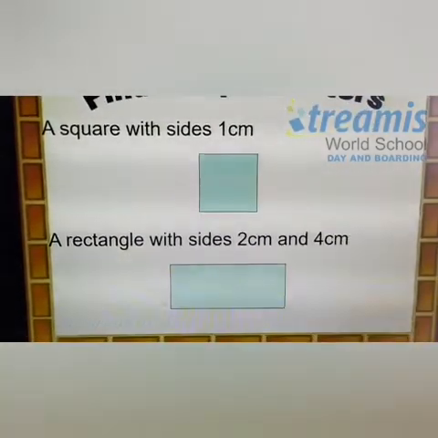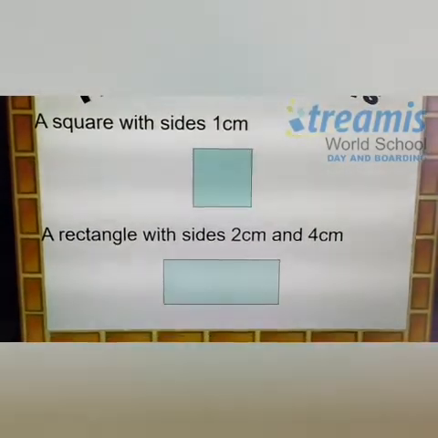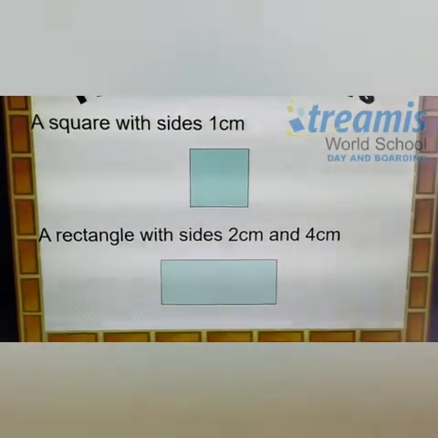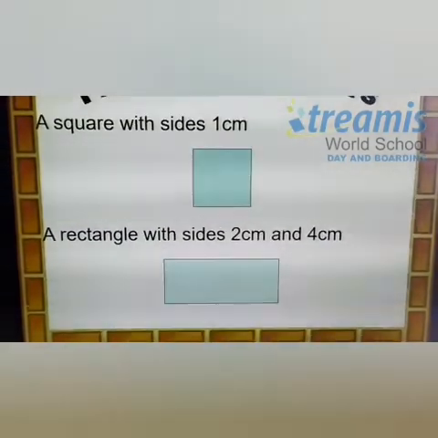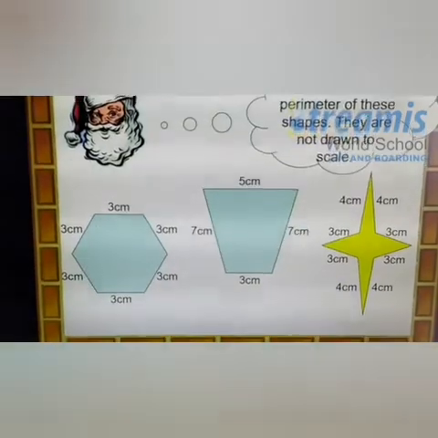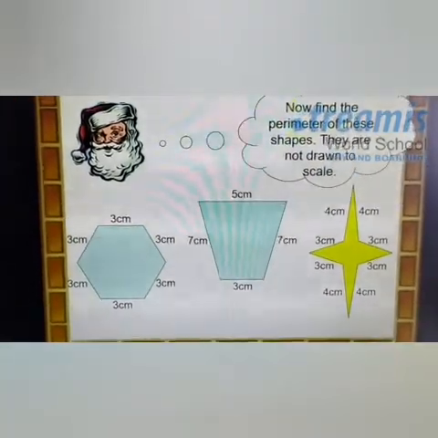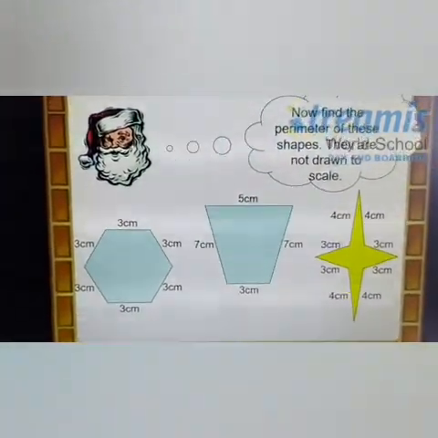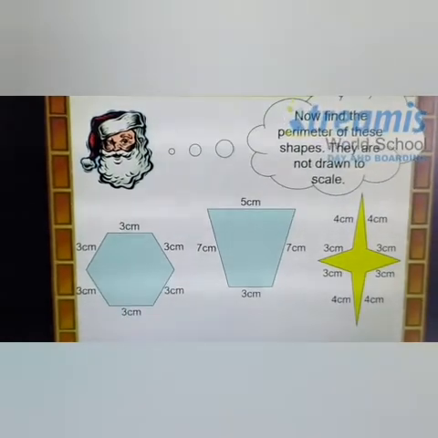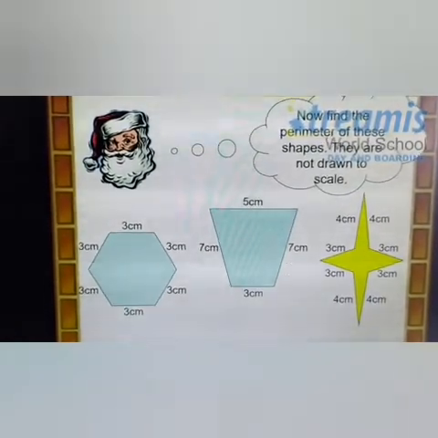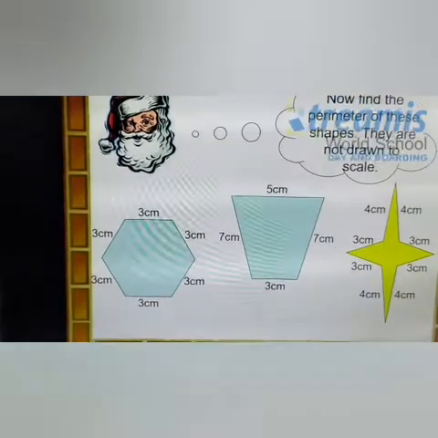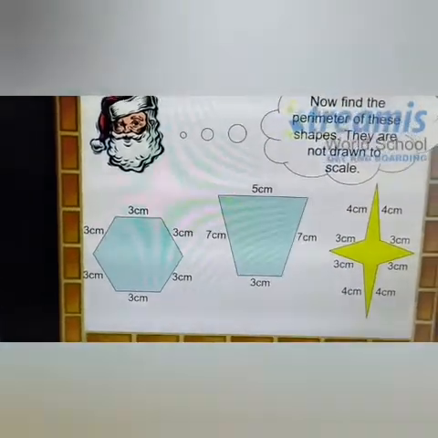And the rectangle here, 4 centimeters plus 2, 6 centimeters plus 4, 10 plus 2, 12 centimeters. Here we can find the perimeter of all these figures. See here, a hexagon of 3 centimeters each side, that will be 3 multiplied by 6 or 6 multiplied by 3, that is 18 centimeters.